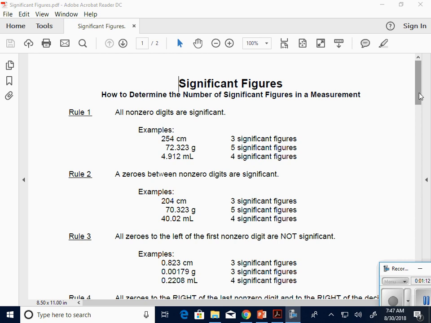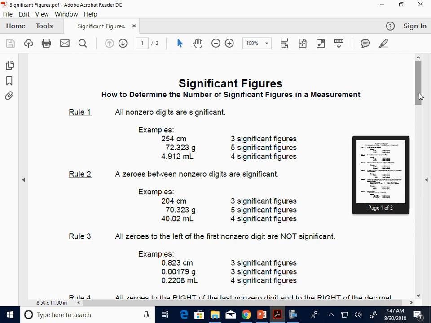So let's really look at the second one down there, 0.00179. I find the first non-zero digit, which is the 1. Everything to the left of that, those zeros to the left of that 1, is not significant. Those are front-end placeholders. So that would be 3 significant digits.